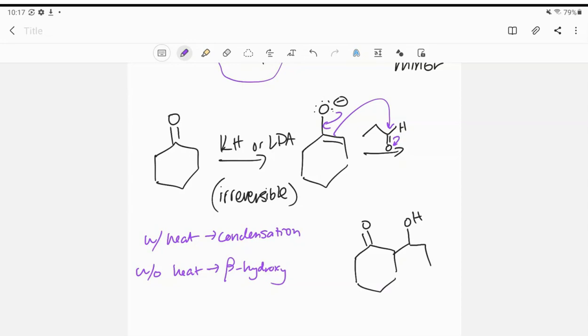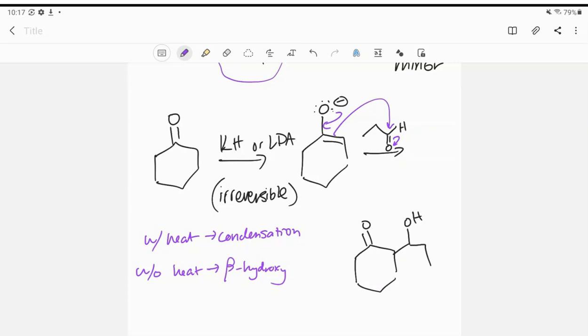So this one we do not have heat, so we would make our beta hydroxy species. So this is what's called a directed mixed aldol. We're directing which one we want to be the nucleophile, which one we want to be the electrophile. We can do this the other way. We can say, I want that aldehyde to be our nucleophile instead.